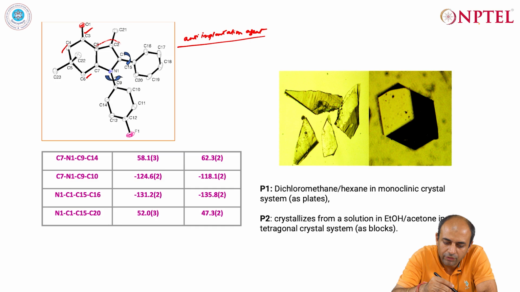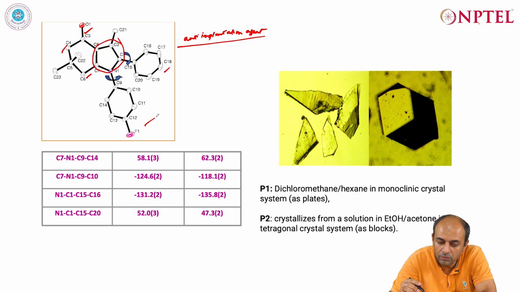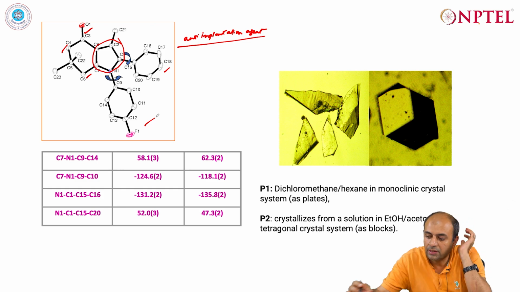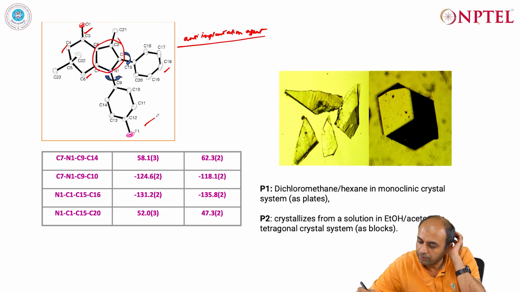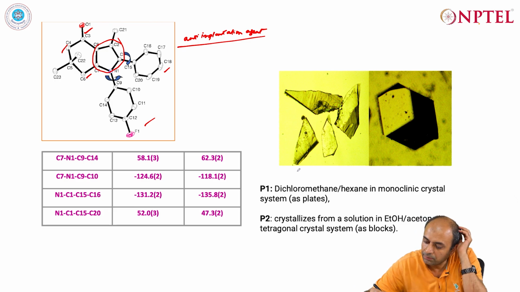You can see this is the 5-membered indole ring. This is the nitrogen, this is the phenyl, and this is the fluorophenyl. This work dates back to 1980, when this particular compound was used as an anti-implantation agent. And now you can see, when crystallizations have been performed on this compound, we have been able to obtain two distinct morphologies, plates as well as blocks.